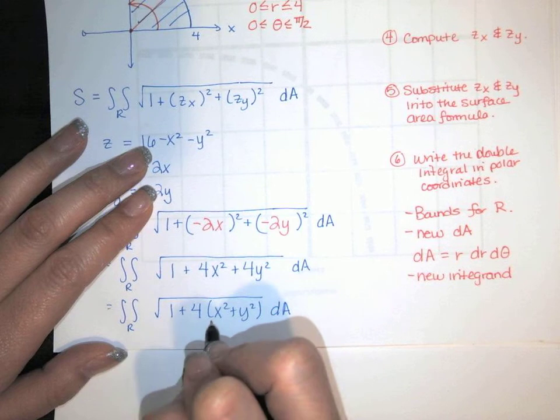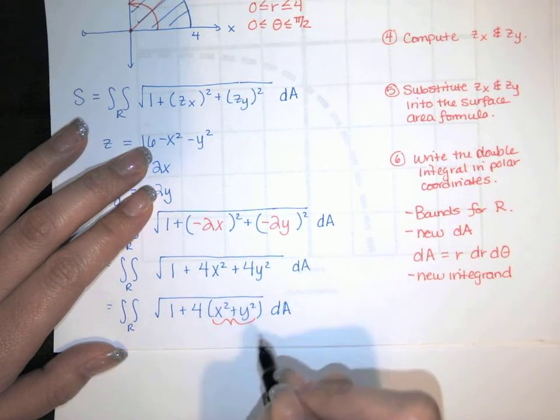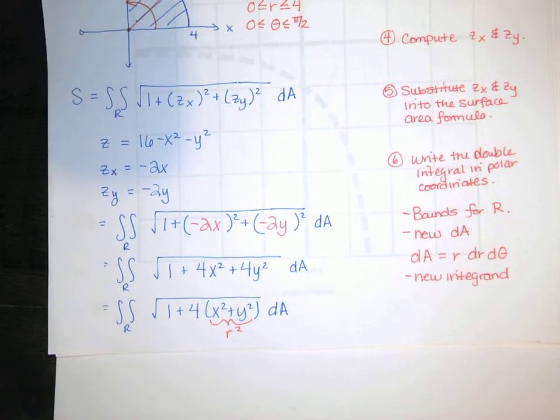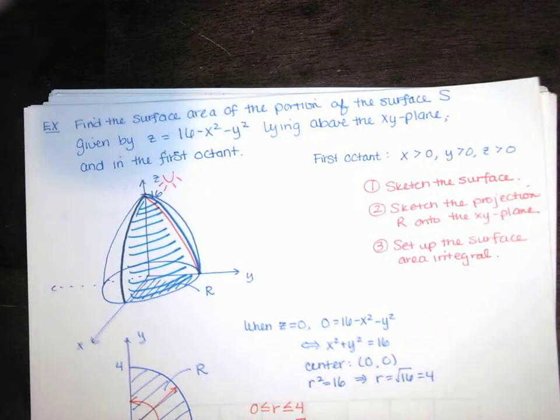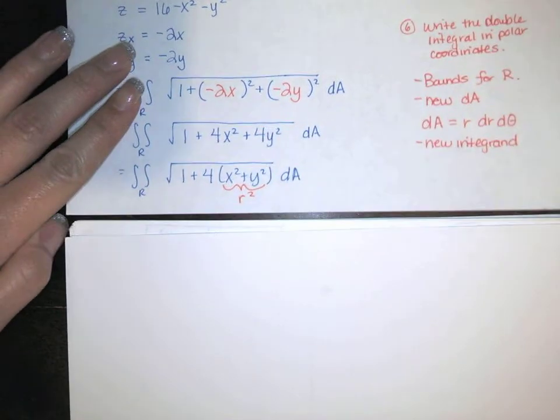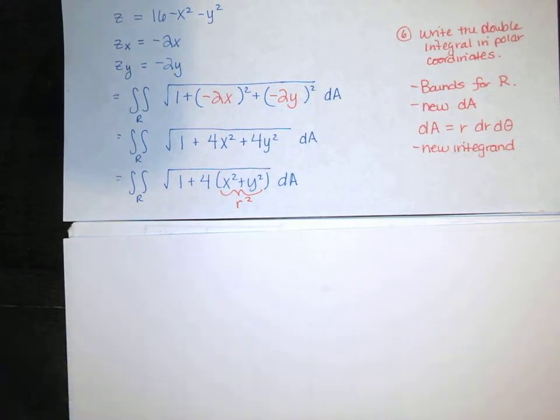So this is 1 plus 4, and x squared plus y squared is r squared in polar coordinates. So let's put all of those pieces together and evaluate the integral.